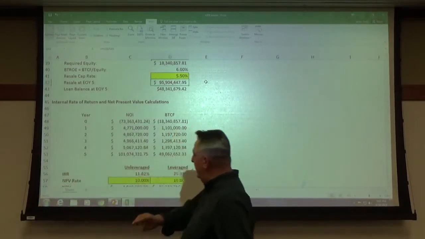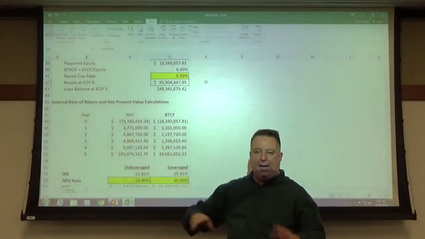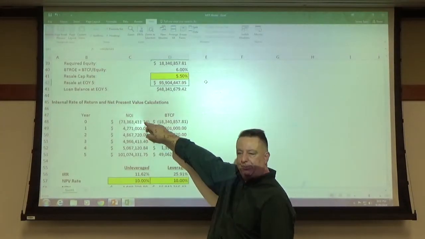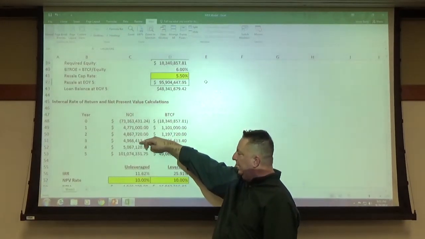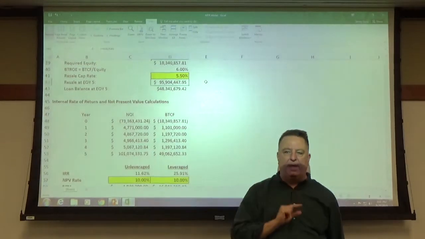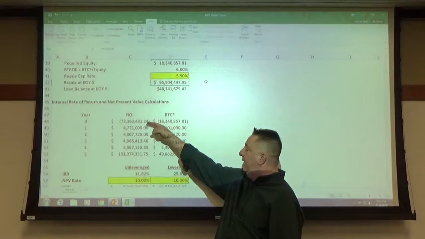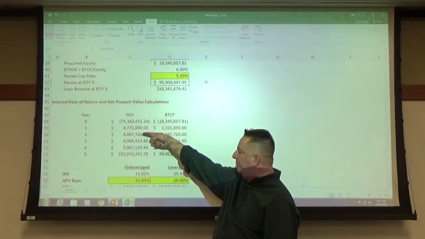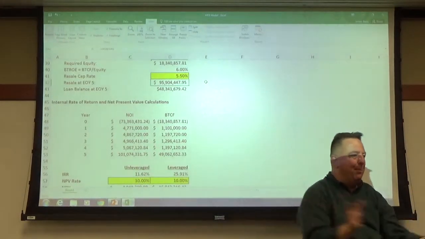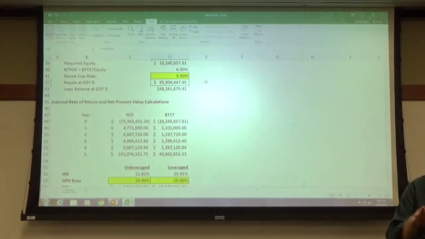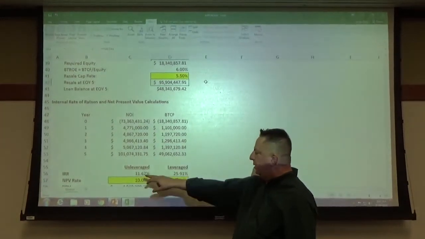What it's doing is it's taking all of these numbers and in essence saying, you spent this much money here, and you got this much money here, here, here, here, and here, and takes into account the timing of these cash flows, in the sense that this one occurred at the end of year 1, this one at the end of year 2, 3, 4, and 5, and it sort of meshes all of that information together to then give you an overall annualized rate of return.